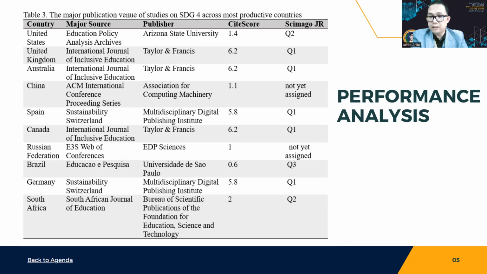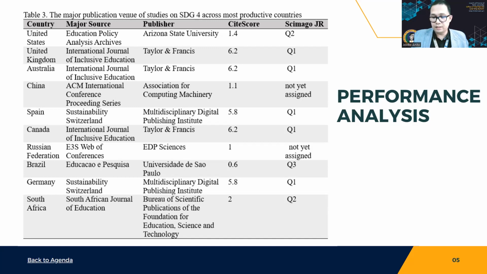And if you look at the pattern of publication in this list, it's only Russia, China, and Brazil that publish papers in not so quality journals or in lower quartile journals.